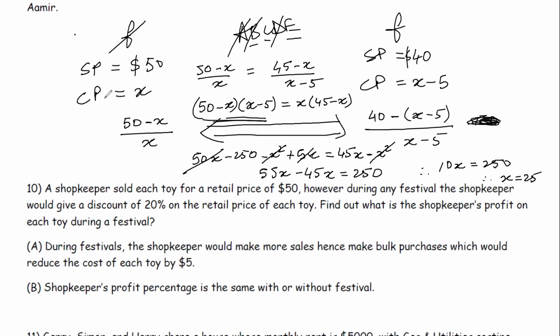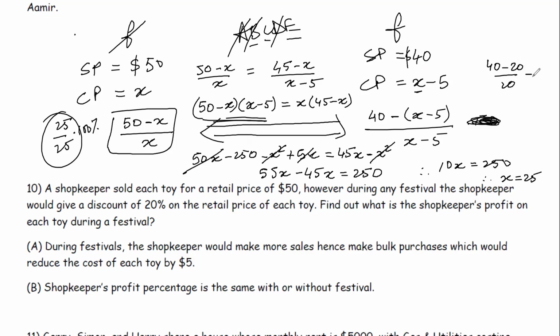Now we plug in the value of x as 25. If x is 25, 50 minus 25 upon 25. They're asking to find out the shopkeeper's profit on each toy during a festival. This is just to show you that without festival we got 100%. And out here, if x is 25, you get 20, and 40 minus 20 upon 20 is 20 upon 20.